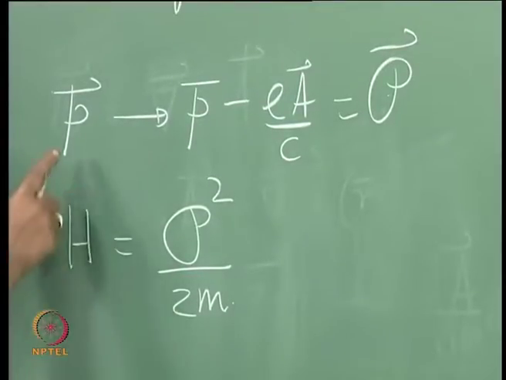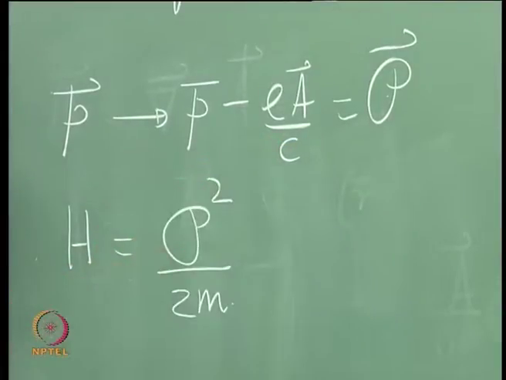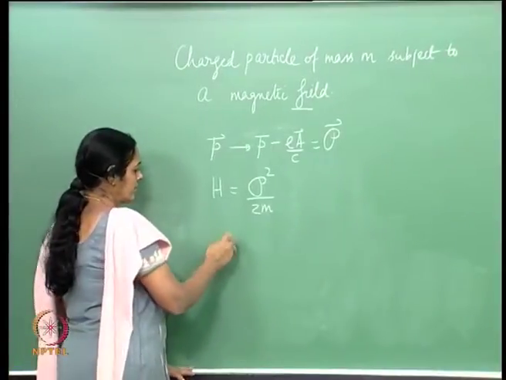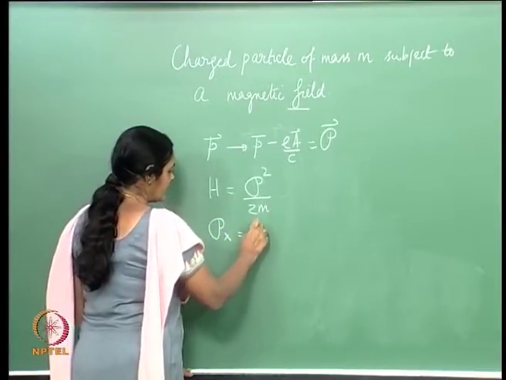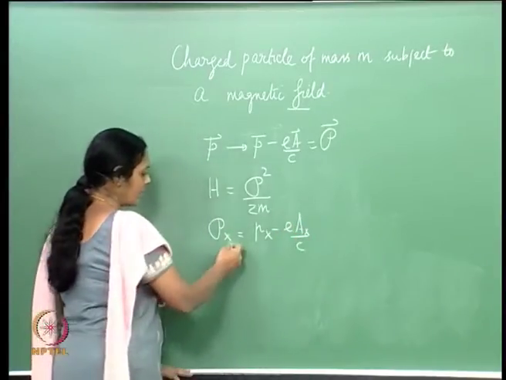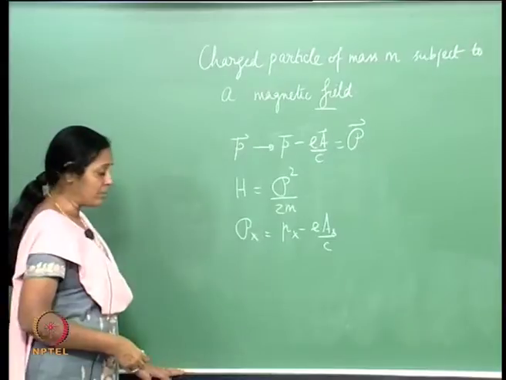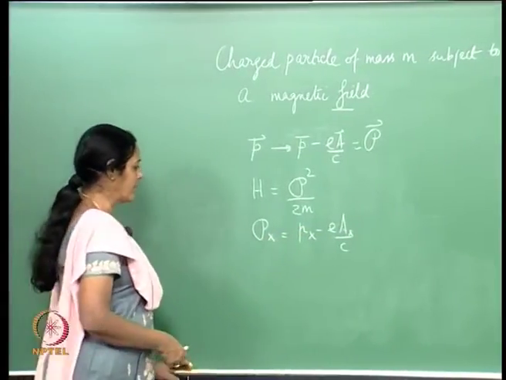Originally it was little p squared by 2m, and that has now become script P squared by 2m. So, Px is px minus e Ax by c, and so on. Py is py minus e Ay by c. Pz is little pz minus e Az by c.